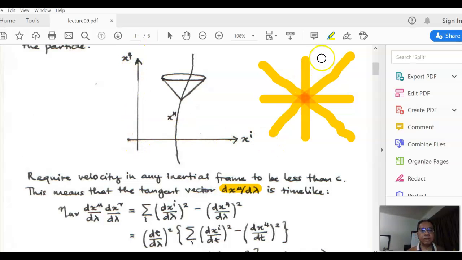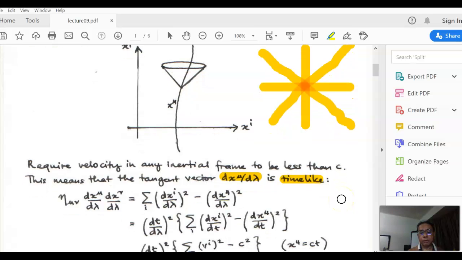So the inverse slope is essentially the velocity. The slope should be steeper for those particles propagating with speed less than the speed of light. And this is essentially what we call time-like.